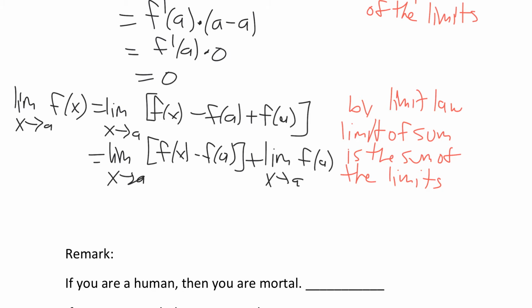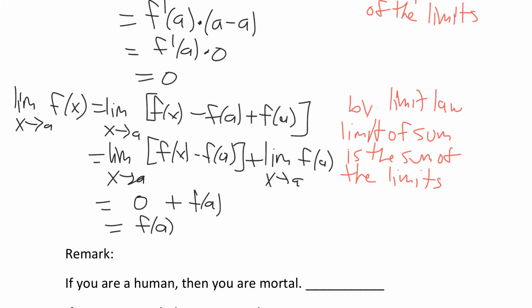Okay, well, the first limit there, we just figured out from above, was 0. The second limit is a constant. f of a is just a constant. The limit of a constant is the constant itself. So we get f of a. 0 plus f of a is f of a.